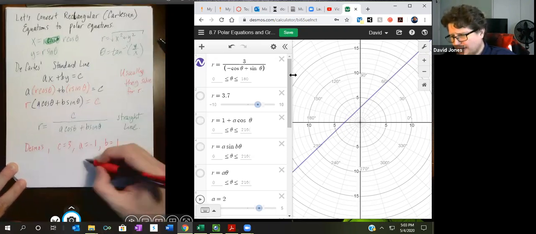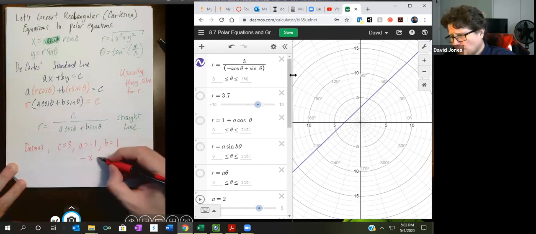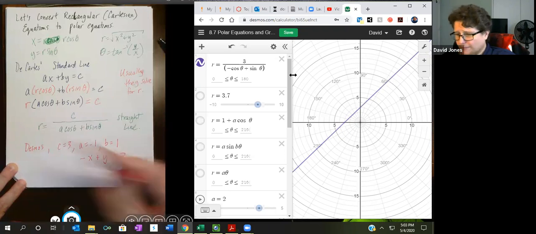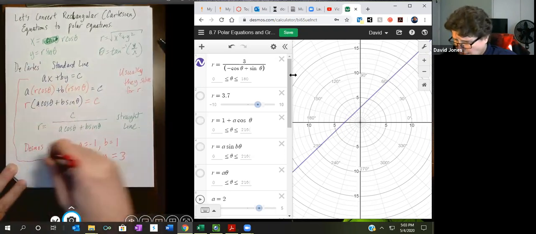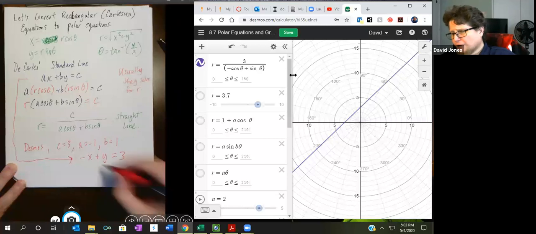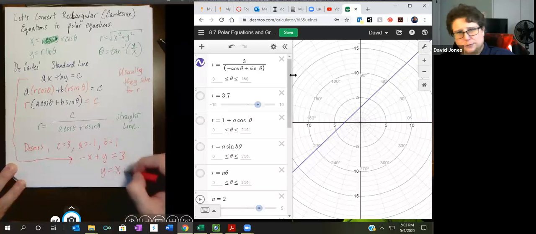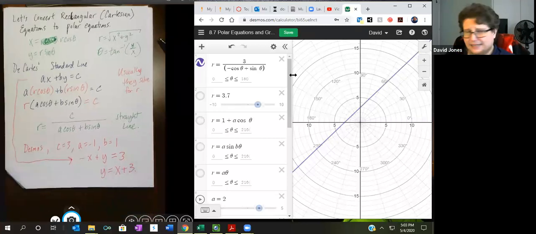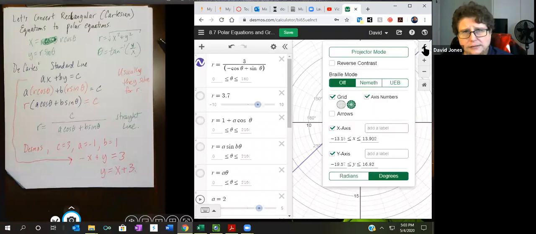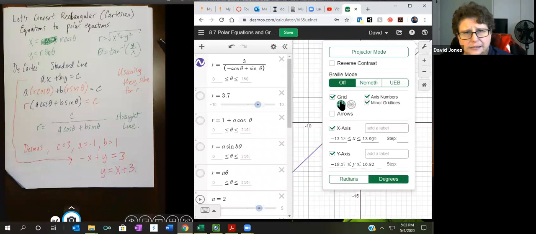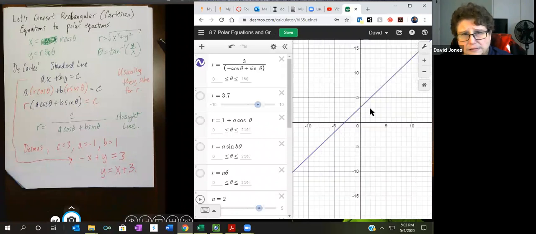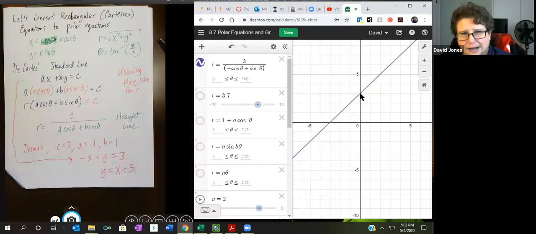This would give me negative x plus y equals 3 from this line right here. And solving for y, this would give me y equals x plus 3. Is that what I have when I switch to Cartesian? I do. My y-intercept is 0, 3, and it has a slope of 1.